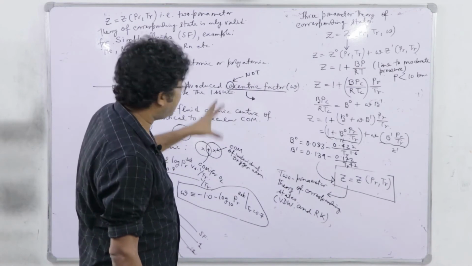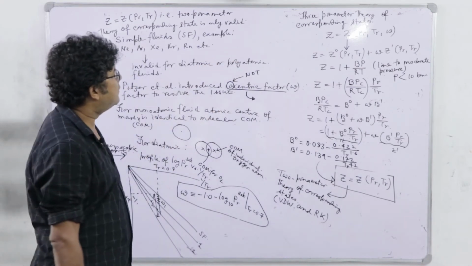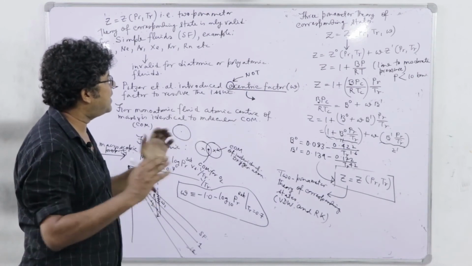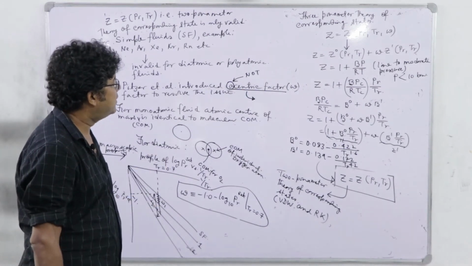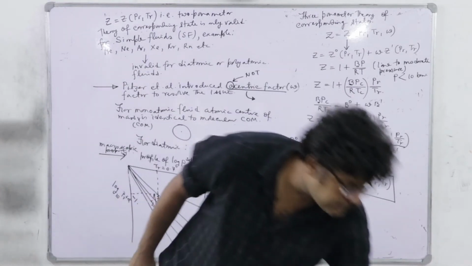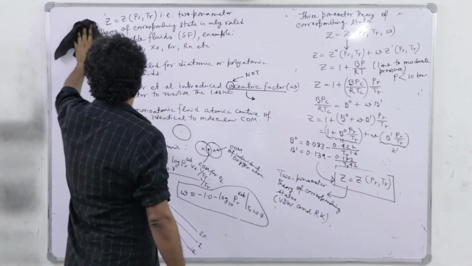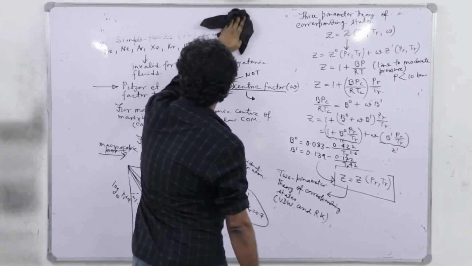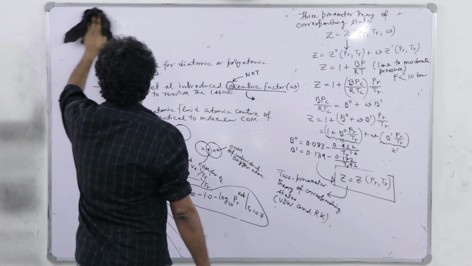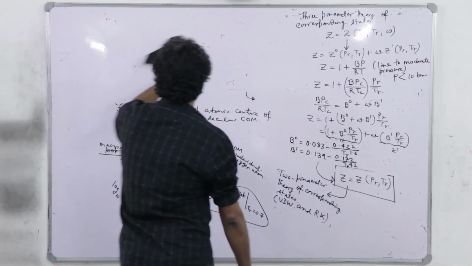So that's the idea of Pitzer, and finally it came out as a 3-parameter theory of corresponding states, Z as a function of PR, TR and omega. Now you see that the rest of the cubic equations of state, except Redlich-Kwong and van der Waals, all corroborate with this 3-parameter theory of corresponding states.